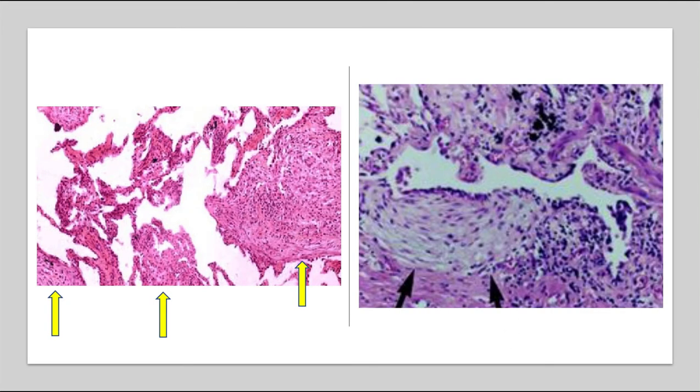Histologically, the hallmark is patchy interstitial fibrosis, in the picture shown by the yellow arrows, which varies in intensity and worsens with time. The earliest lesions demonstrate exuberant fibroblastic proliferation, fibroblastic foci, shown by black arrows.